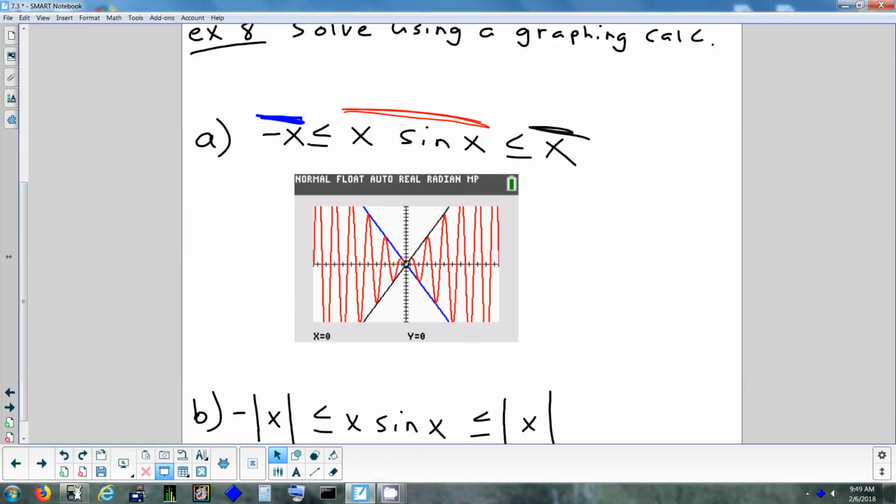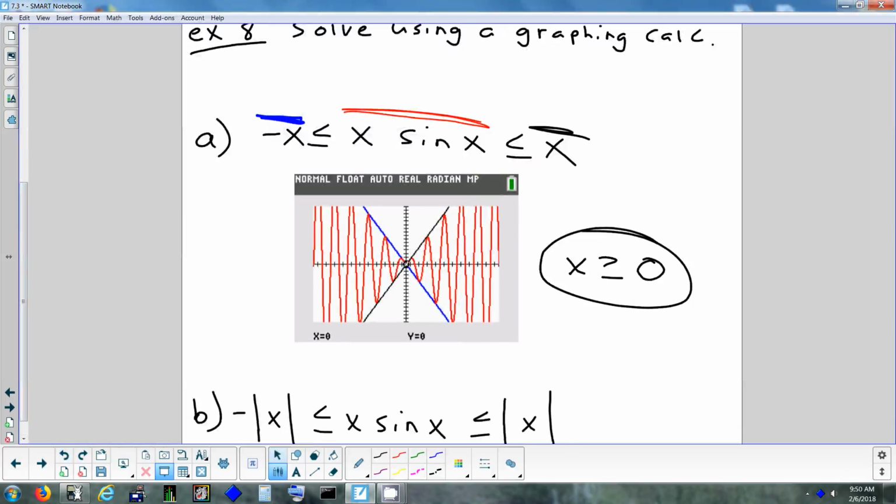And where is the graph in red below the graph in black, but above the graph in blue? Leo? Whenever x is greater than, yeah, whenever x is greater than, now you can say equal to 0. Anything greater than or equal to 0, and it fits the criteria up above.